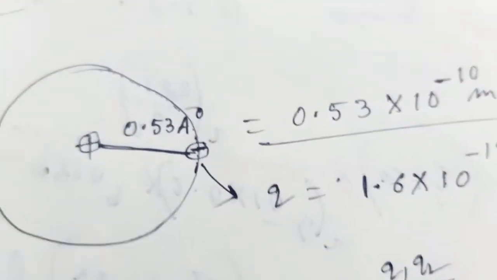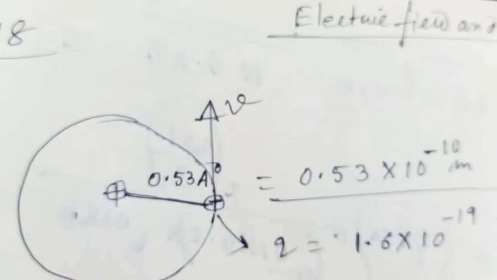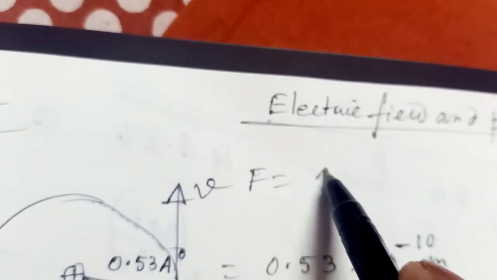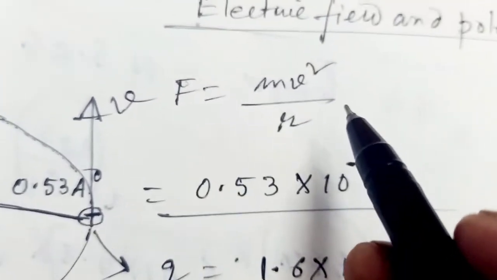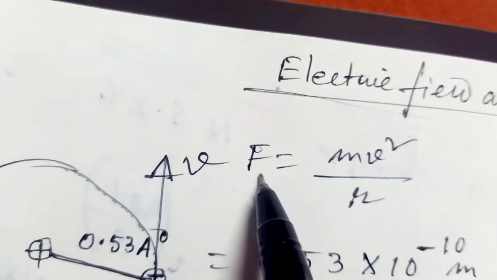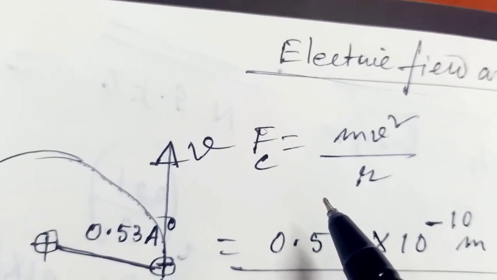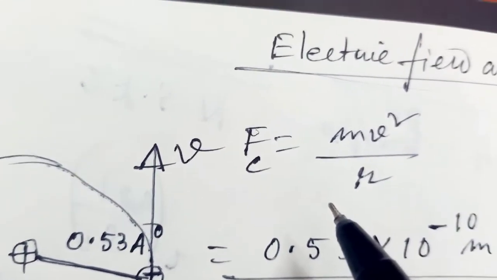If the electron is moving along this particular direction with the speed v, then the centripetal force F equal to mv square by r. And what is centripetal force? We clear your concepts from the 11th level. There is circular motion.